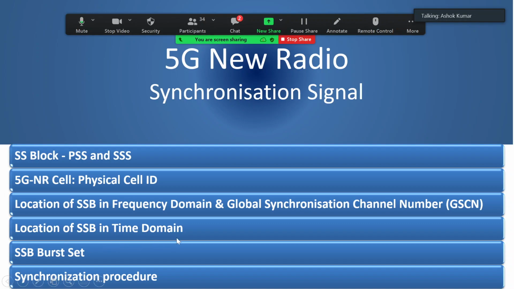So we'll try to locate that, how a user equipment is able to locate SSB in time domain and frequency domain, the concept of SSB burst set, and finally, very briefly, we'll look at the synchronization procedure itself. So let us try to complete this sixth topic in this session.